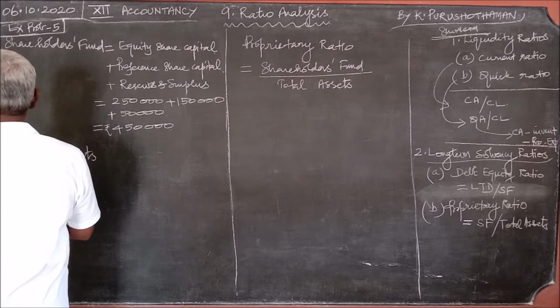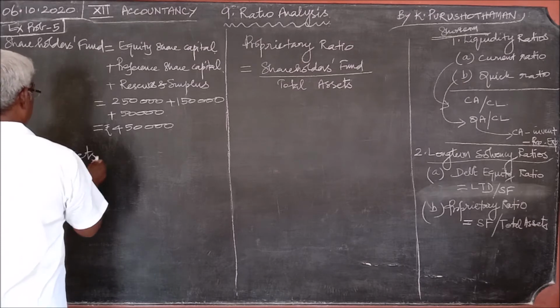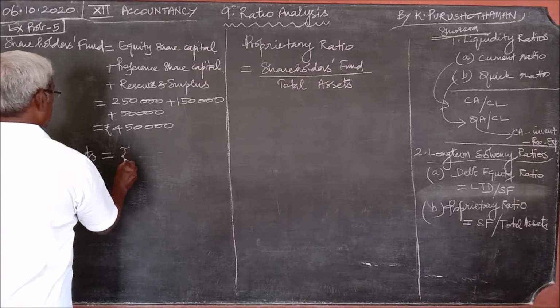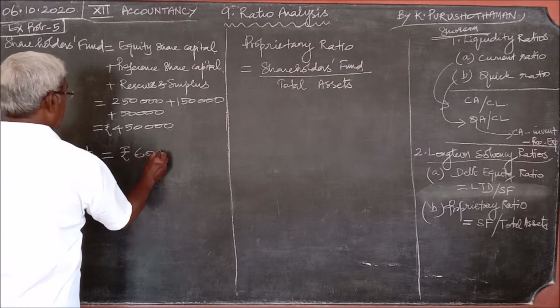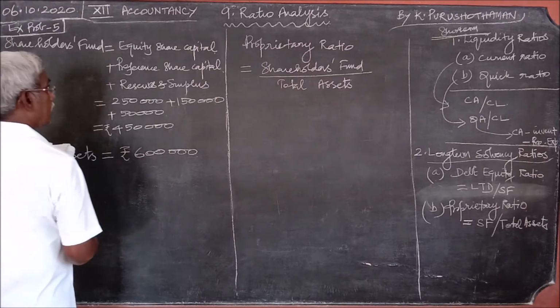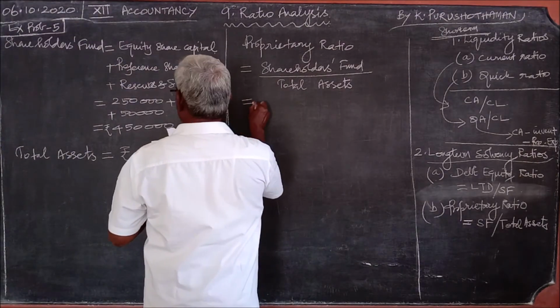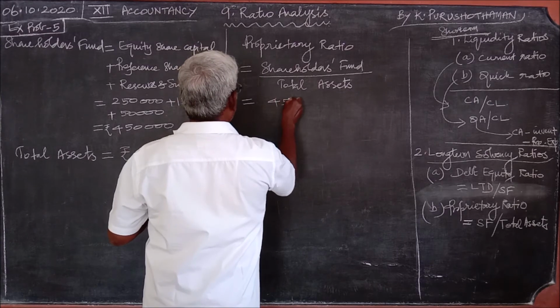Therefore, the total assets in the problem itself is given. The total assets value is 6 lakhs. The total itself is given, therefore we need not find the total. Substitute all these values here. Shareholders fund 4,50,000.